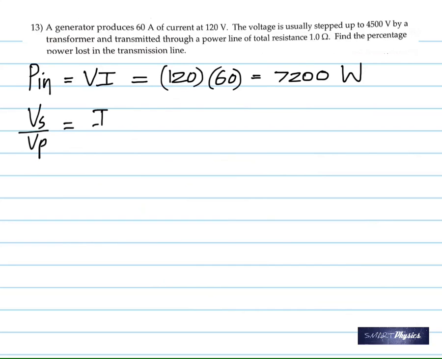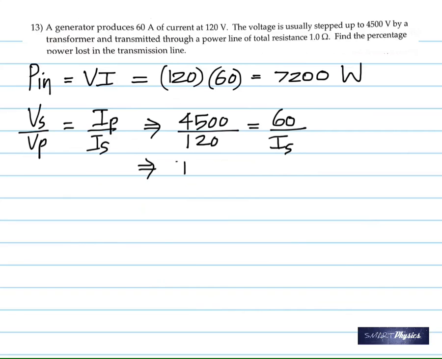And then this is the transformer equation, from which we find IS, which is 1.6 ampere, and therefore the power wasted is the square of this current multiplied by the resistance.